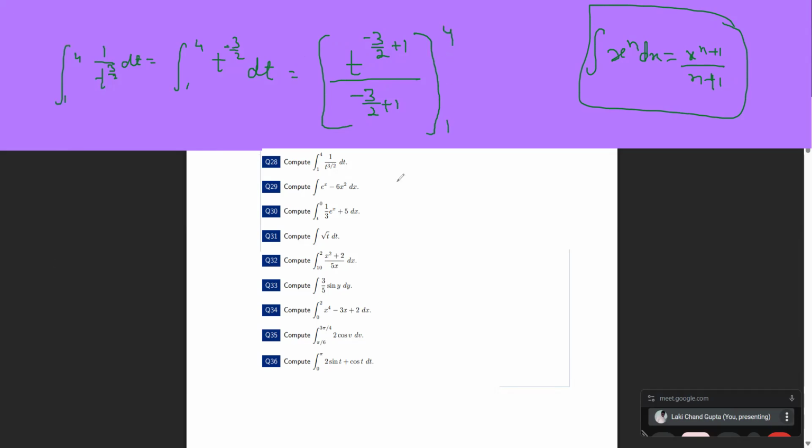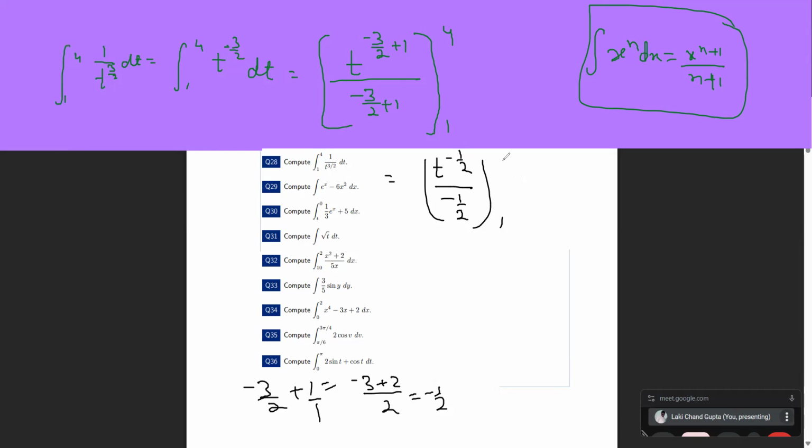You know, minus 3 by 2 plus 1 is what? Do cross multiplication, minus 1 by 2, right? That's right. You know how to solve this? Do cross multiplication, minus 3 plus 2 over 2.